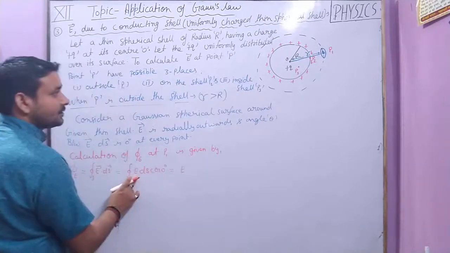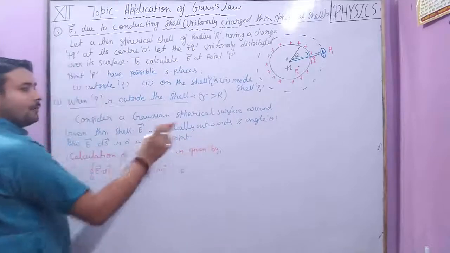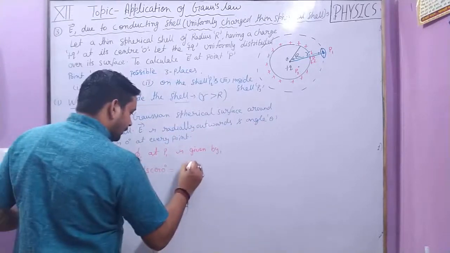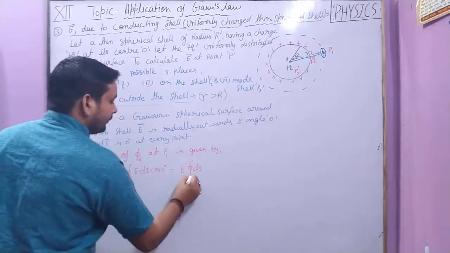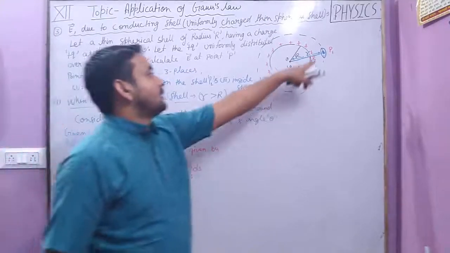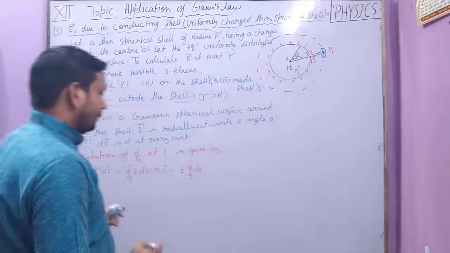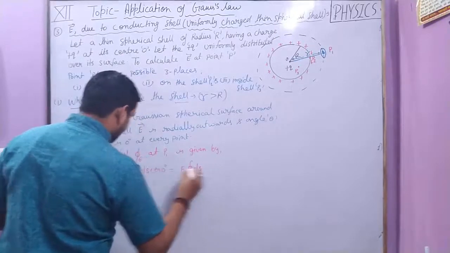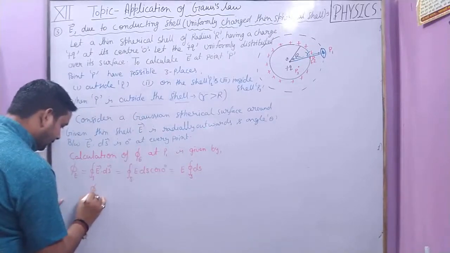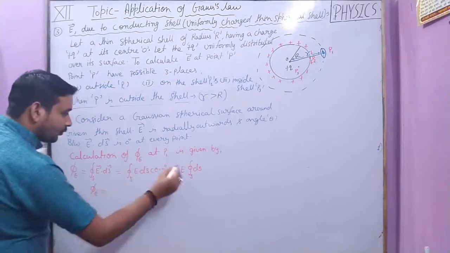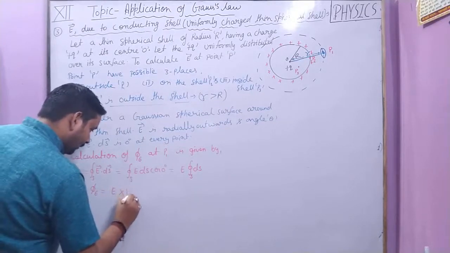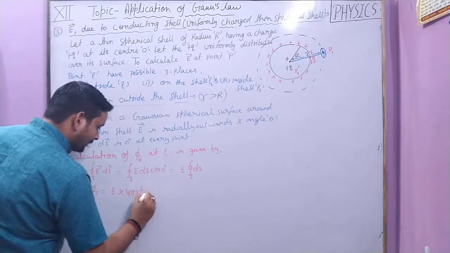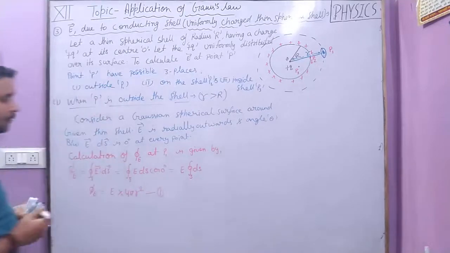E is constant because at every point it is the same, so we integrate ds. This is a spherical cell, so we use the area of a sphere, that is phi E is equal to E into 4 pi r square. This is our equation first.